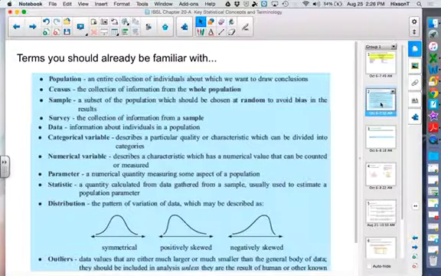Okay? But it can't be biased, all right? If I only surveyed the high schoolers, then my results would only be relevant to the high school population, all right? And sometimes it's really easy to try to misapply results from data to a population that it doesn't represent, okay?